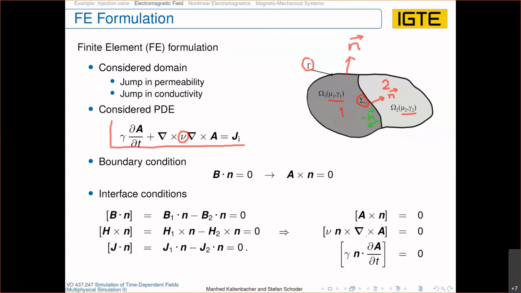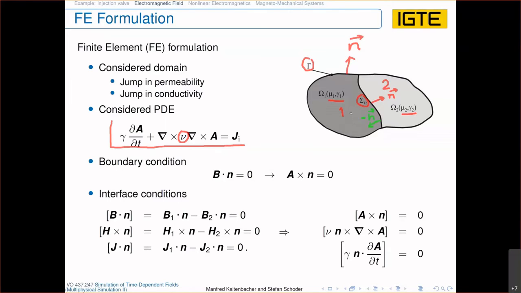For the tangential component of H, you get here this long expression where we also have to take into account that we have here our material parameter. Yeah, and this is also a very interesting part in this sense: we could have here a conductive body, for example iron or aluminium or whatever, and on the other hand, it could be air, for example. In air, the conductivity is 0.